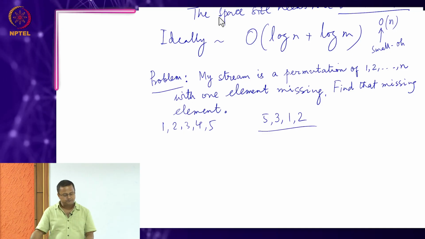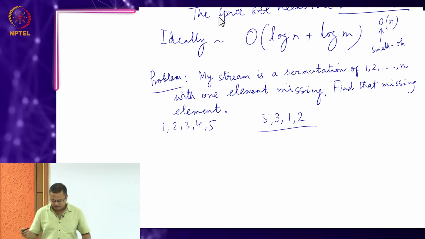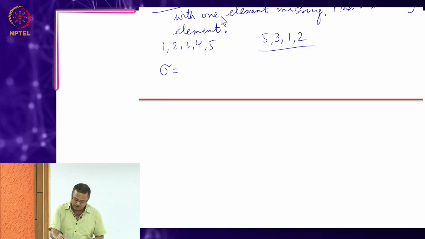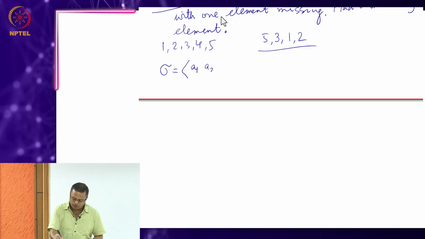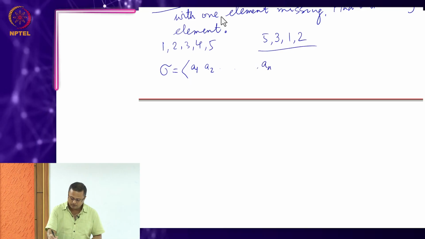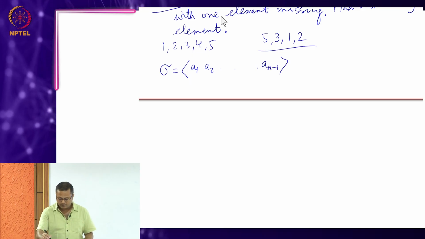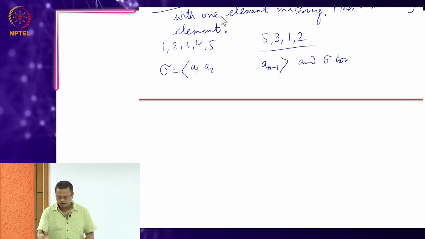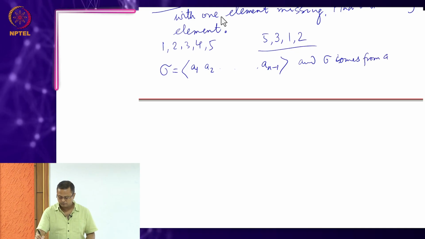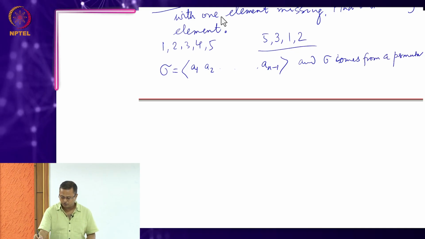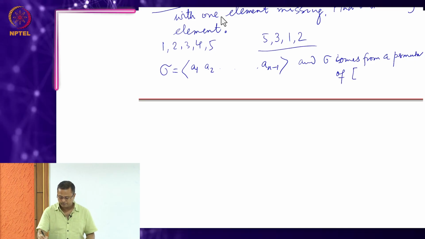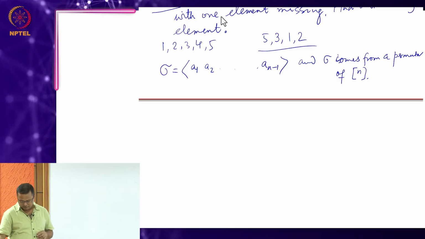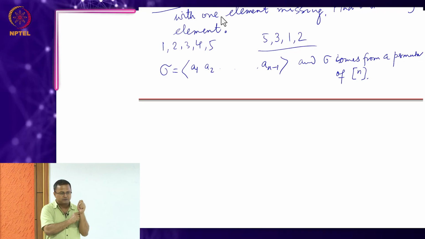Okay, I take forward his idea. I have been told that my stream is a1, a2, up to an minus 1, distinct, and it comes from a permutation of n. So, the first element comes, what do I do?